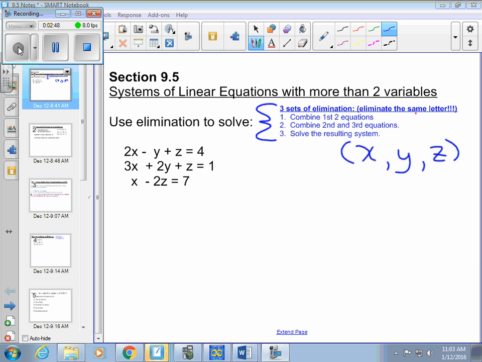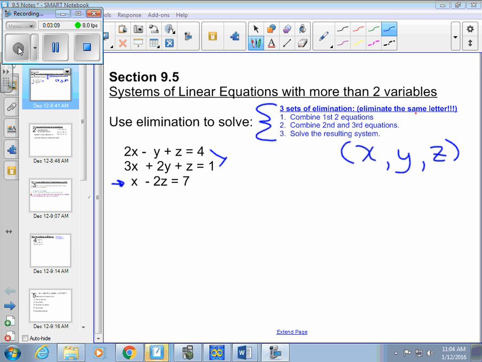Okay, all right, here we go. Let's look to see what we can get rid of here. I'm looking at this third equation and what letter's missing? Y. So if we use the top two equations to get rid of the y, then I'm down to a system of equations that just has two equations, and we know how to solve that part of it.